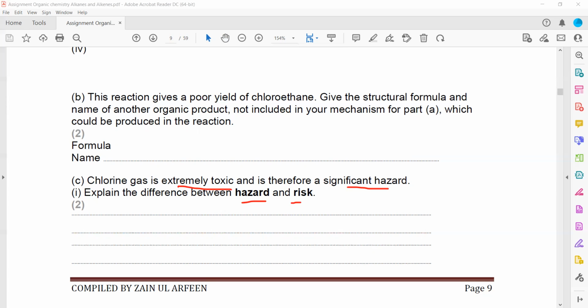And what is the risk? How do we define the term risk? Risk is basically the probability or chance that harm will result if we use the substance or the procedure. So the chance that harm will result from use of the substance or a procedure.